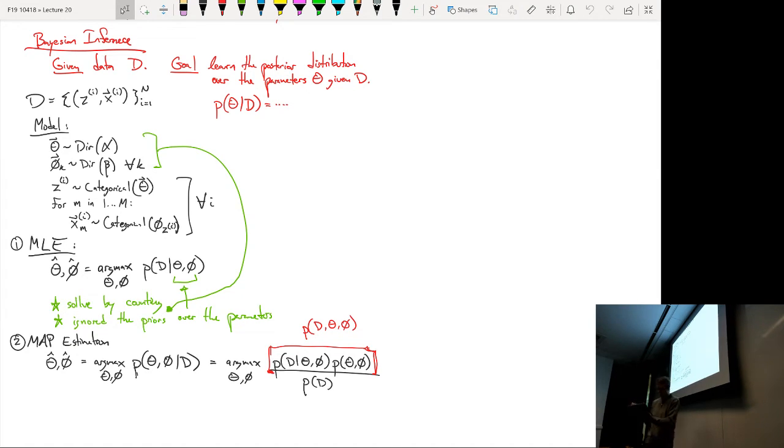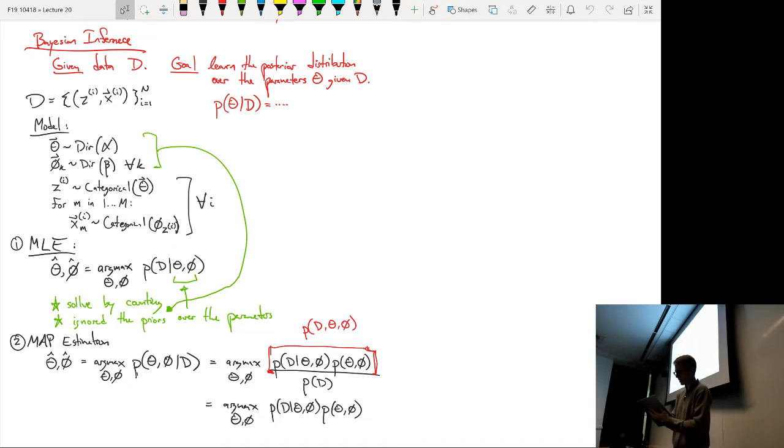And so we can rewrite this as argmax over theta, phi of P of D given theta and phi, times P of theta and phi. Okay, so this is a little bit better. And in fact, we still solve by counting. And now it actually takes our priors into account, right?